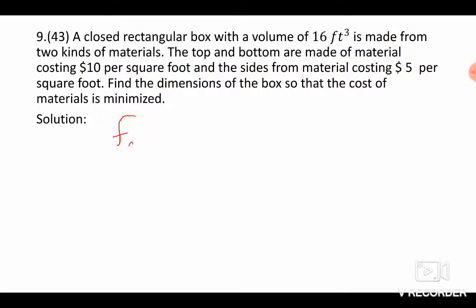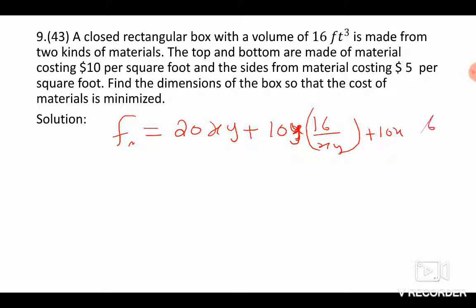f, the function to be minimized, is 20xy plus 10y into 16 over xy plus 10x into 16 over xy.